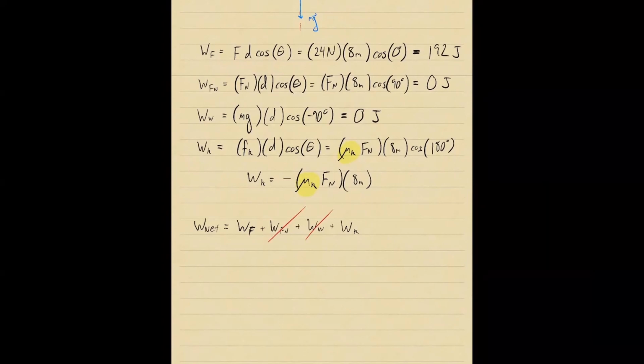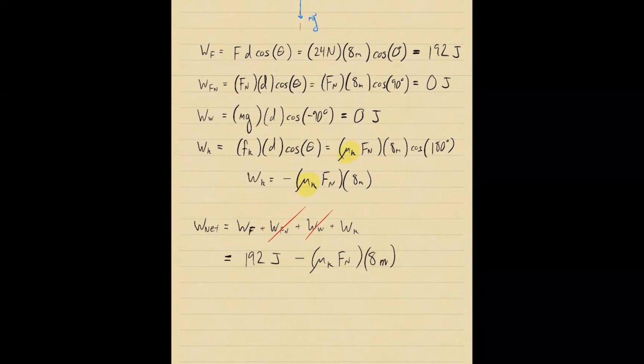And so the net work done in moving this sled is equal to the work done by the force, which is 192 joules, plus the work done by the kinetic frictional force. So it's going to be plus this, which in this case is going to be minus mu sub k times the normal force magnitude times 8 meters, right?